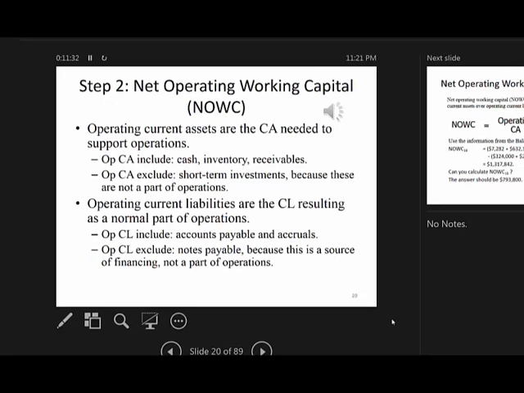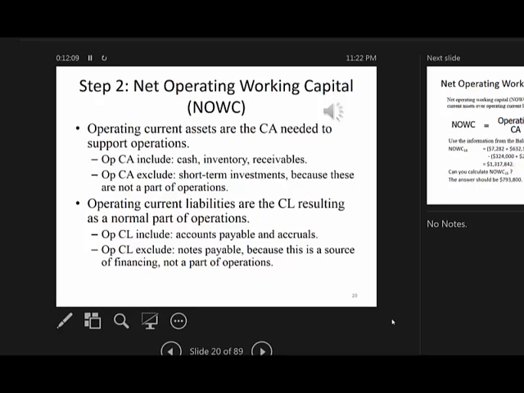In step 2, we calculate the net operating working capital, or say the NOWC. To explain this, let's first say we have the operating current assets, which are the current assets needed to support the company's operations. So the operating current assets would include cash, inventories, and accounts receivable. Short-term investments will be excluded from the operating current assets because they are not part of the operations.